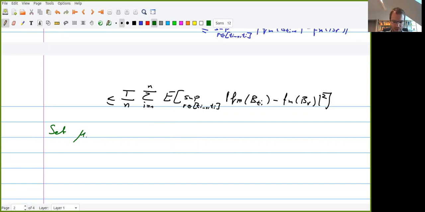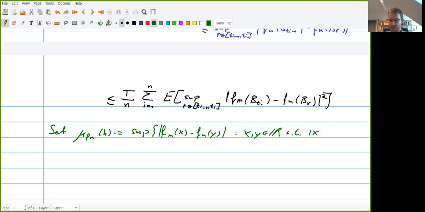Let me introduce f depending on h, which is just the supremum over the difference of f_m applied to point x minus f_m applied to point y in absolute value, for all x, y which have a distance of at most h.